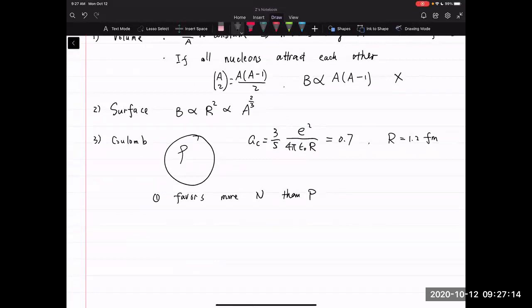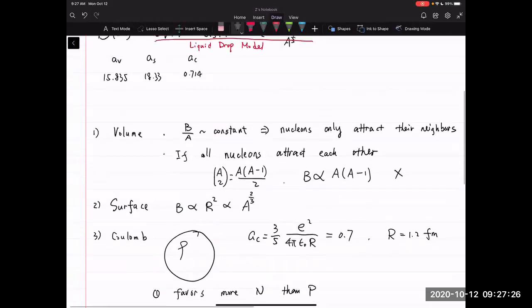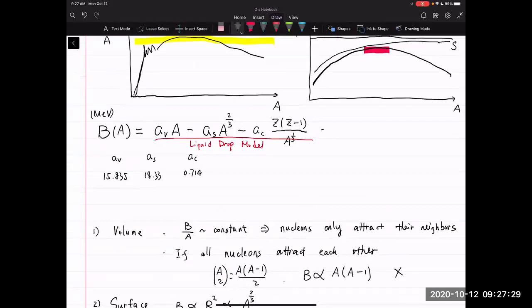So the fourth term, we need to account for this effect. We usually call that the symmetry or asymmetry term. We need to penalize the nucleus with different numbers of N and Z. If N and Z are the same, then the binding energy is maximized.